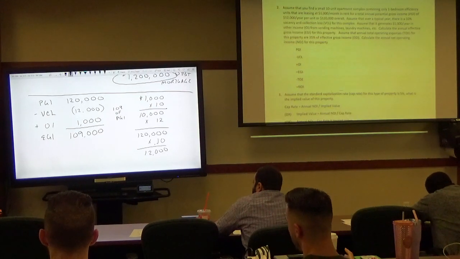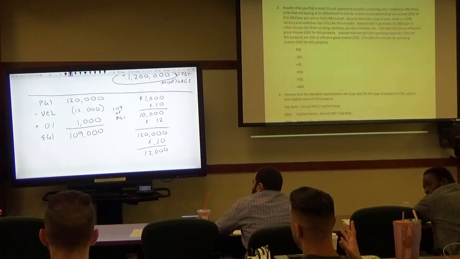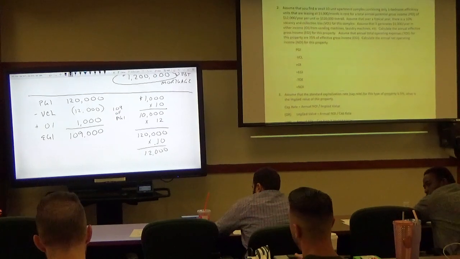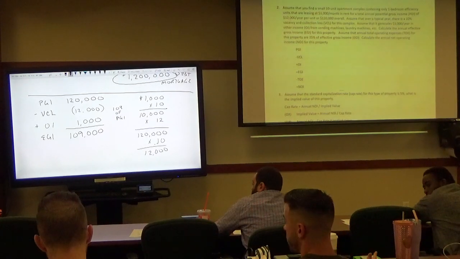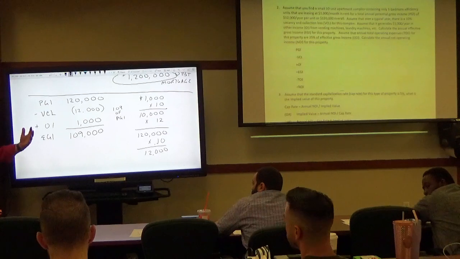For the hotel scenario, how would they report their PGI and vacancy losses? Basically, PGI is as if they rented that specific motel room for every day of the year, minus their vacancy. In the hotel industry, they're going to use something like an average daily room rate.